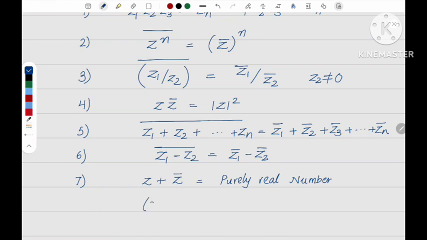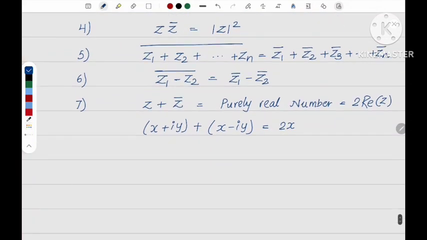We can check if z is x plus iy, and if I add this to its conjugate, that is x minus iy, what will I get? I will get 2x. So z plus z bar is purely real and equal to 2 real component of z, right?